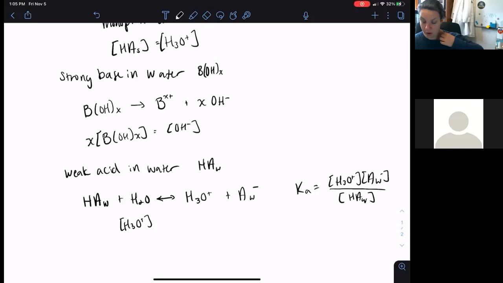So we could solve for a hydronium concentration by essentially taking our Ka.